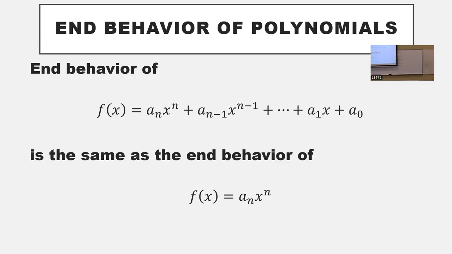The elephant's doing all the shaking, okay? The lead term is like the elephant. It's the one that's dominating, that's the powerful one, especially when x gets really big. When x starts getting big, that lead term is going to dominate everything else. And so the end behavior is going to be based on the lead term.